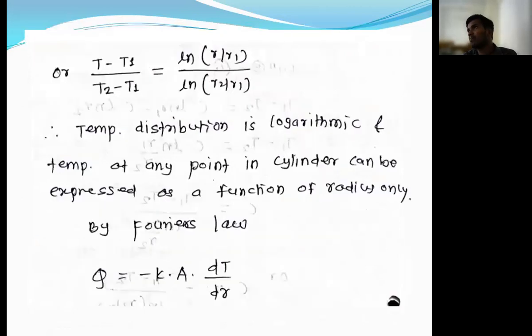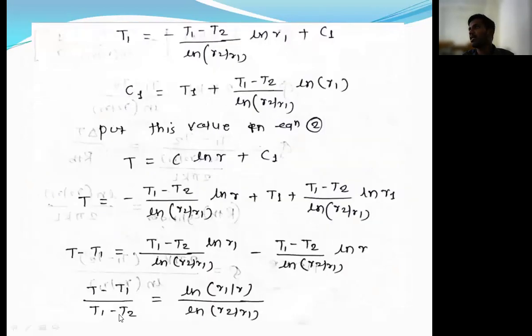So all of you write down this equation: (T minus T1) divided by (T2 minus T1) is equal to ln of r by r1 divided by ln of r2 by r1. See what has changed compared to the previous equation: here, only this T2 has been taken to the left side.